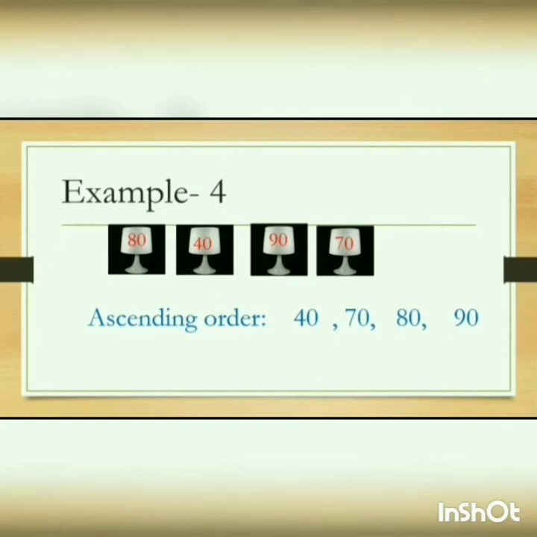So, what will it become? Let's see. 40, 70, 80, 90. Yes, in ascending order, from the smallest number to the biggest number.